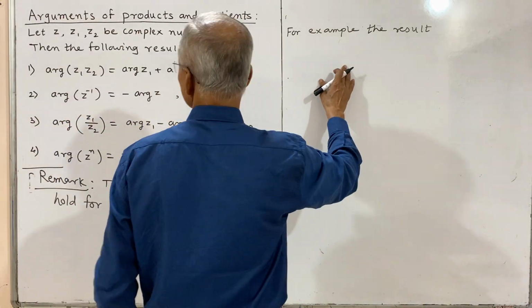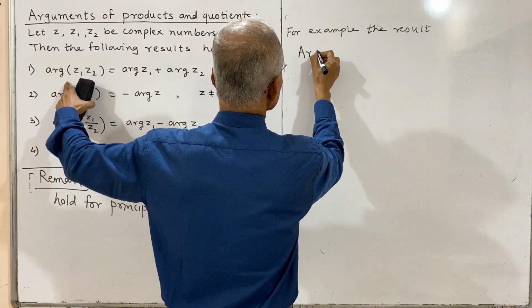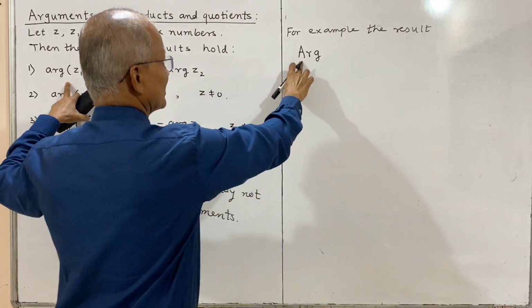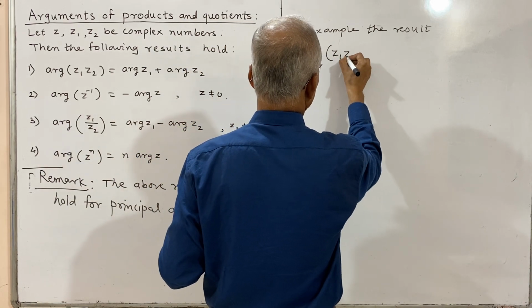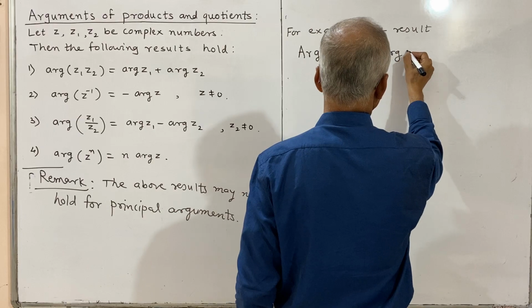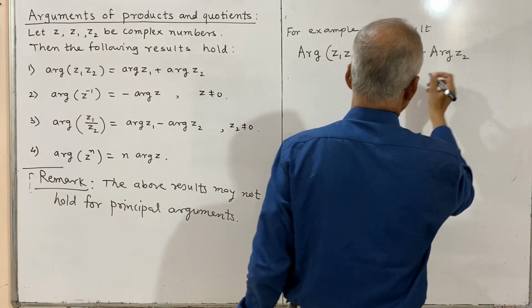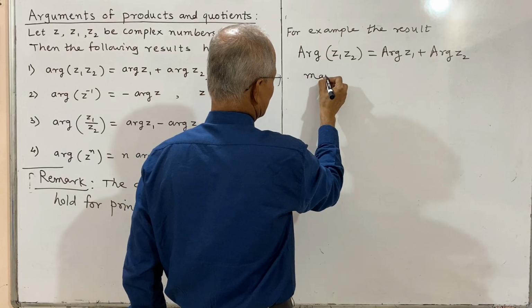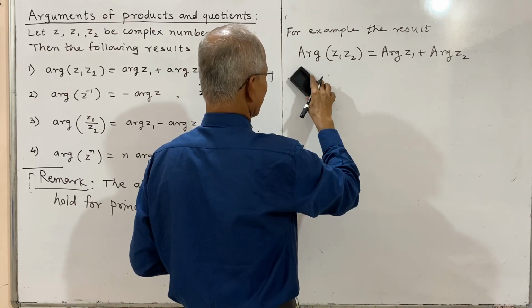So the first result for the principal argument, which is denoted by capital A small r small g, Arg z1 z2 is equal to the principal argument of z1 plus the principal argument of z2, may not be true always, or is not true always.